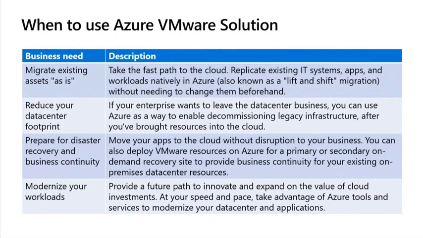Right. Some, as we mentioned, want to reduce their data center footprint. Another is to prepare for disaster recovery, because in a lot of cases, if you're doing disaster recovery with your business, you need a site B, like a literal disaster recovery site.